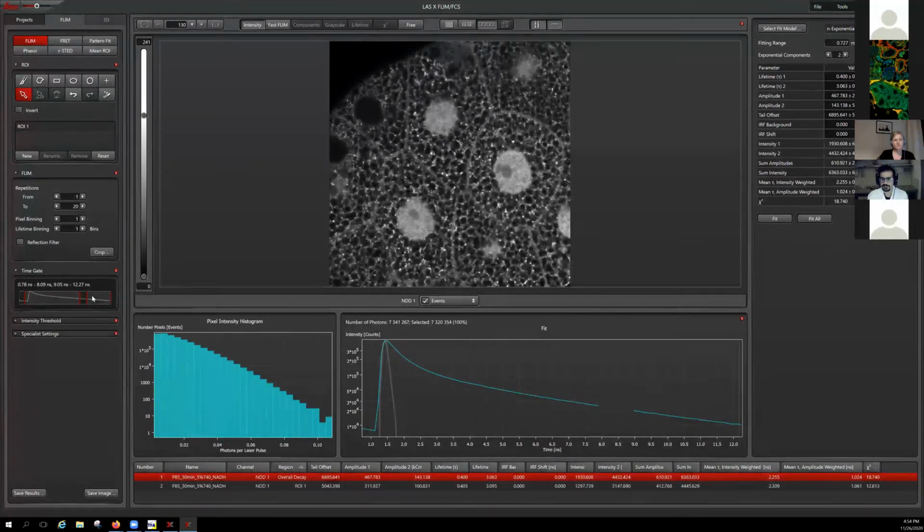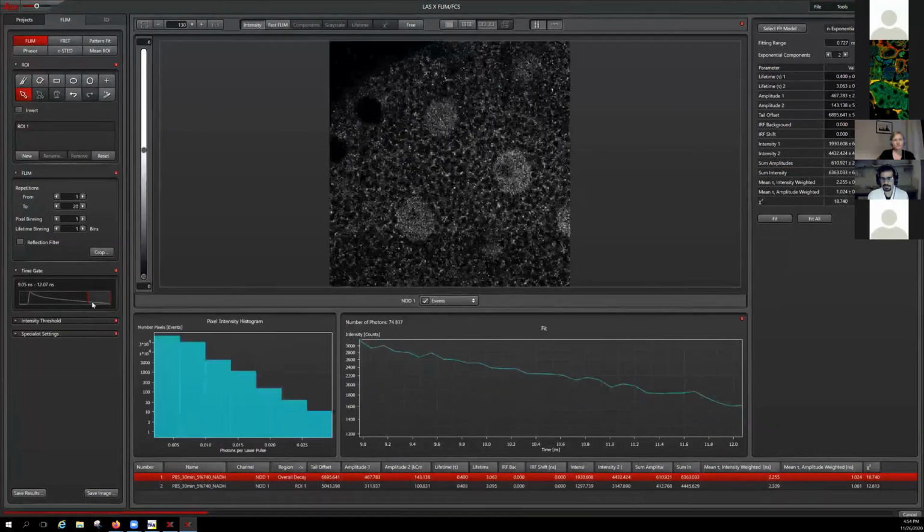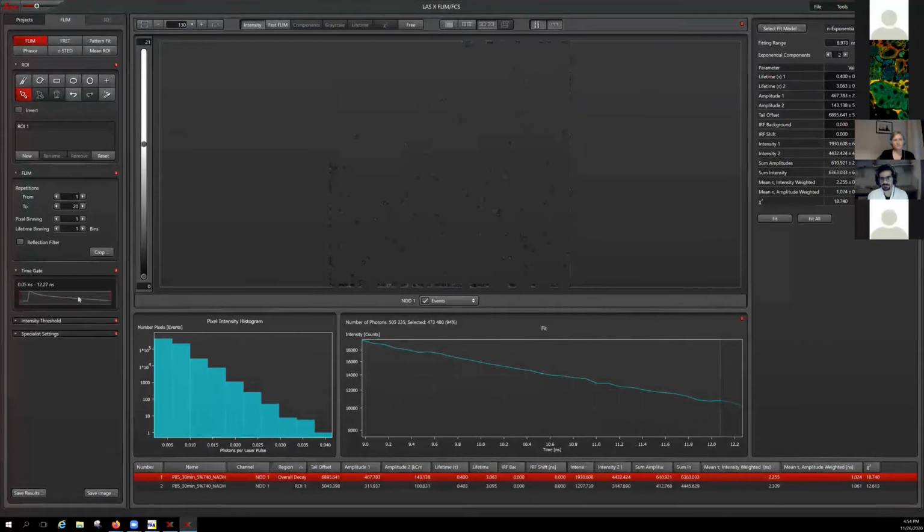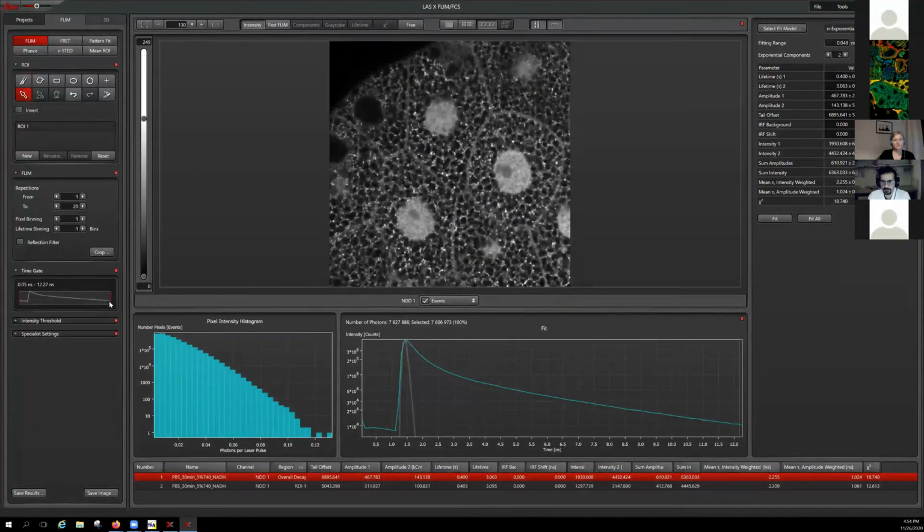So I just delete this gate that I have added, and set it to the full range, no changes. And also the intensity threshold: we can set a threshold to remove the background, to avoid any contribution of the background in the analysis, and it also reduces the number of pixels that we do the analysis on.